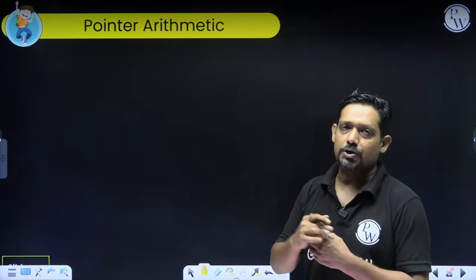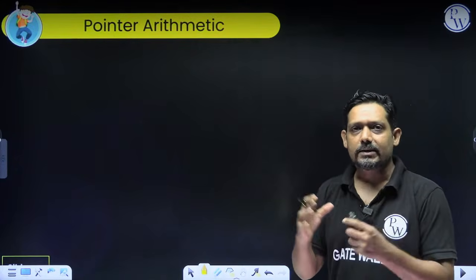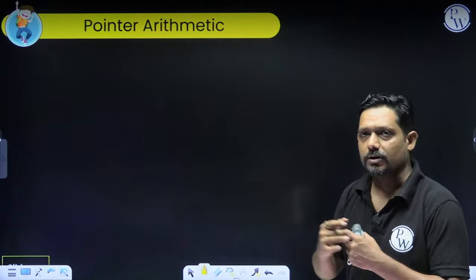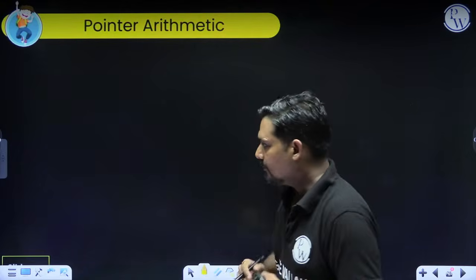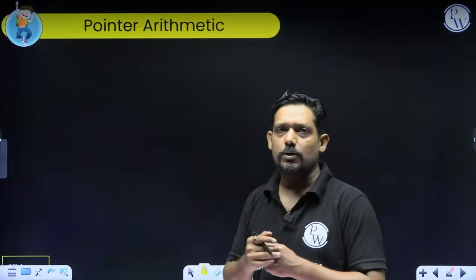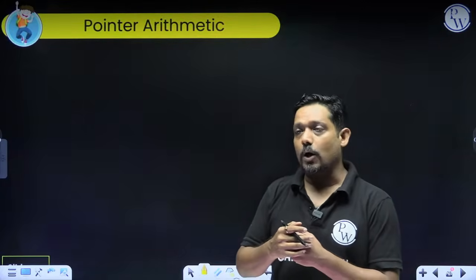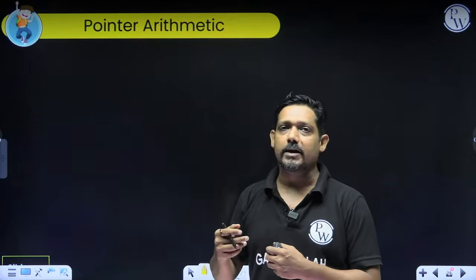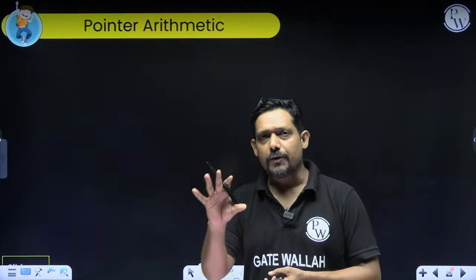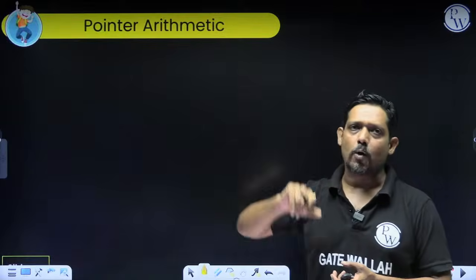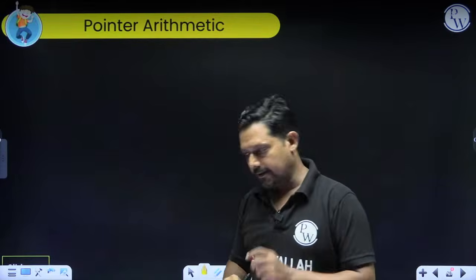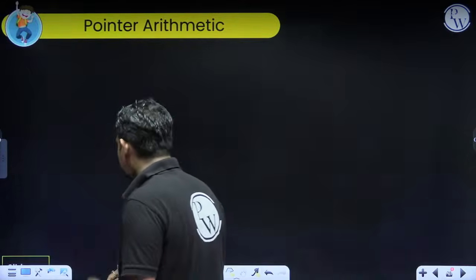To understand how the pointer and the array work together, and how an array is implemented using a pointer, we need to look at this aspect of pointers called pointer arithmetic. It's very simple.